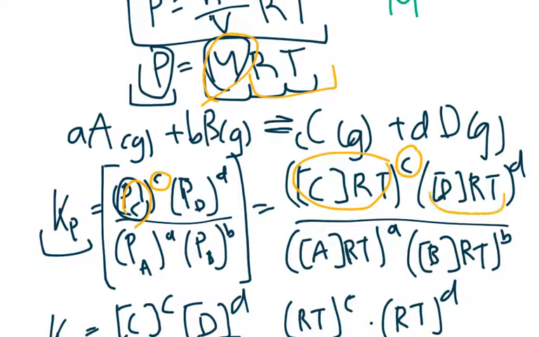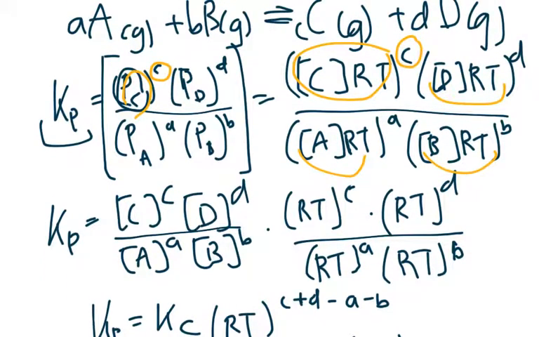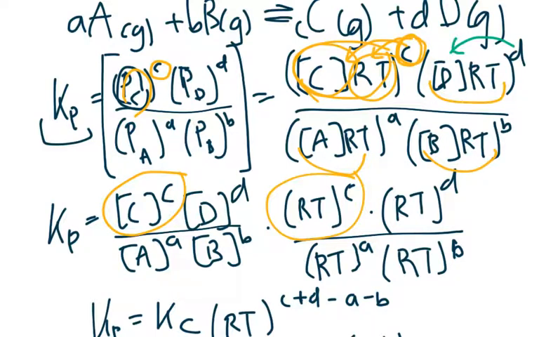Now, let's simplify this even further by taking it apart, by distributing the c to the concentration of C and to the RT. If we distribute the c to the concentration of C, we get this. And if we distribute the c to the RT, we get this. Now, you do that for all four of them, so let me do it again. d distributed to the concentration of D, right there, and d distributed to RT, over here.